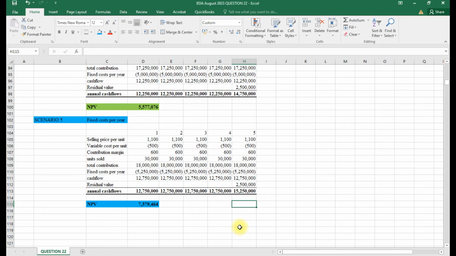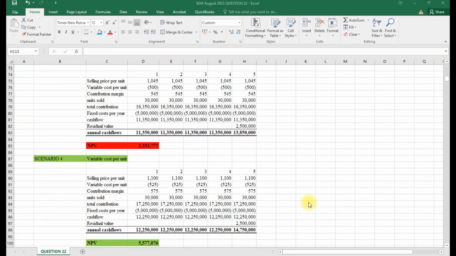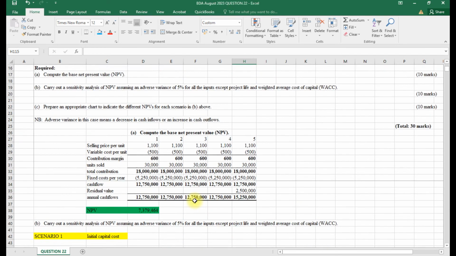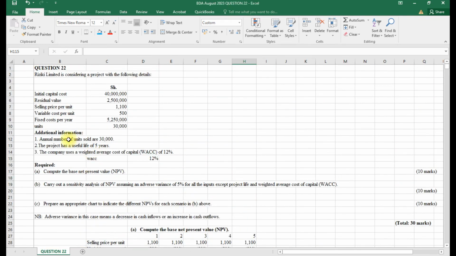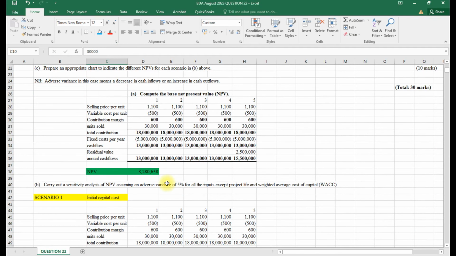That is the way the question was supposed to be done under different scenarios, so that now we shall create a chart to depict that. So we shall go back now and adjust the base case, the fixed cost, and return it back to normal, so that the base case remains at 8280.